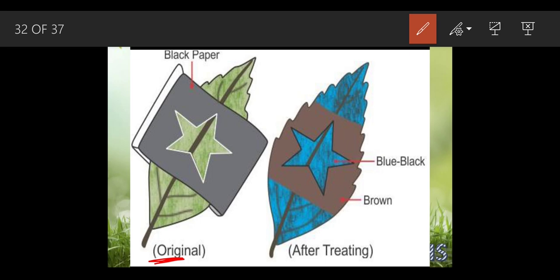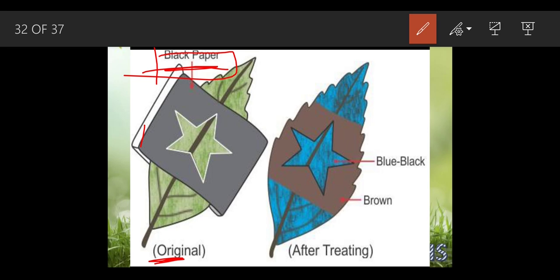There has already been made a design that is of a green color, and cover this part with black paper. Why black paper only? Okay, students, see, whenever you perform any experiment, always remember, in the first step you have to destarch the leaf. We have to cover it with black paper.